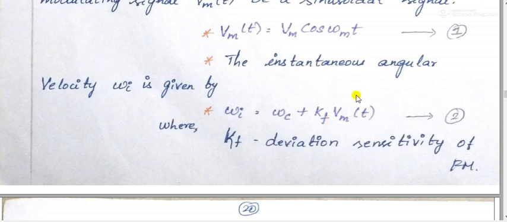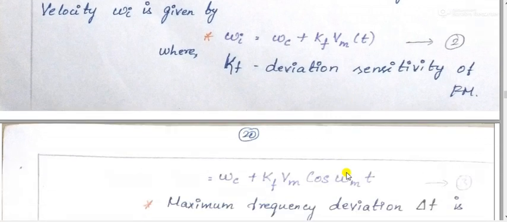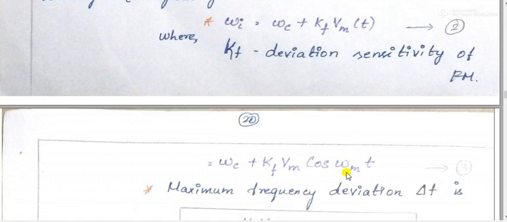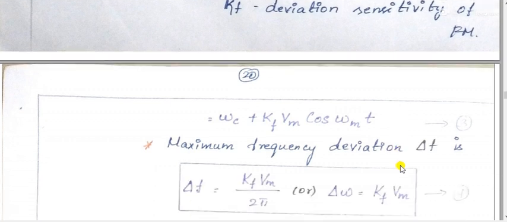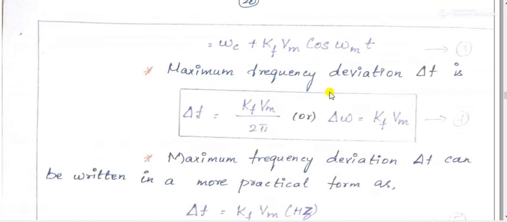Instead of Vm of t, we substitute Vm cos omega mt. So the next equation is omega i is equal to omega c plus kf into Vm cos omega mt. That is equation 3. See here, omega c, kf, and instead of Vm of t we substitute Vm cos omega mt. And next we are going to substitute kf into Vm equal to del omega.